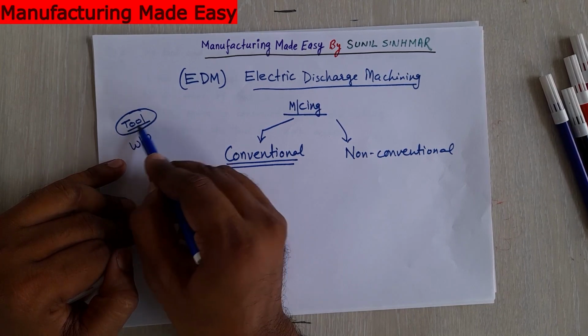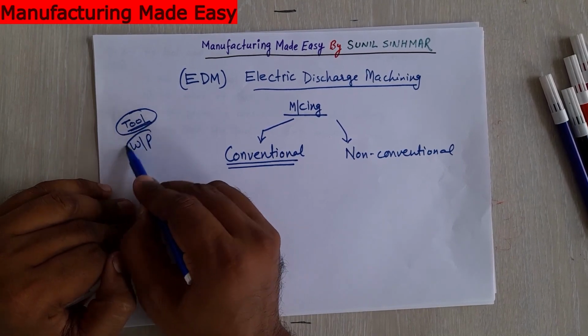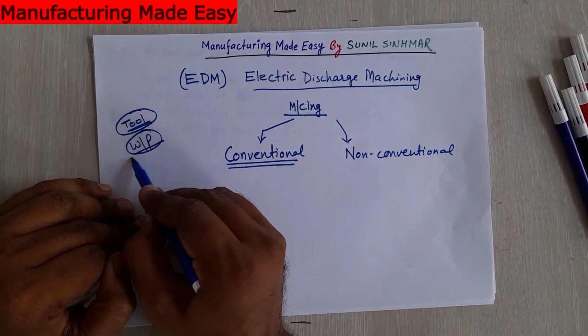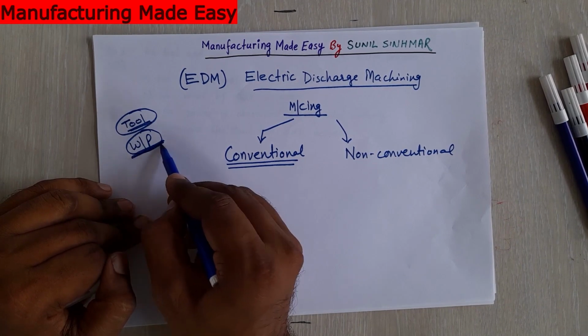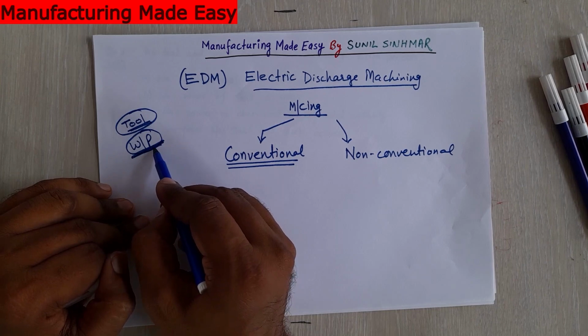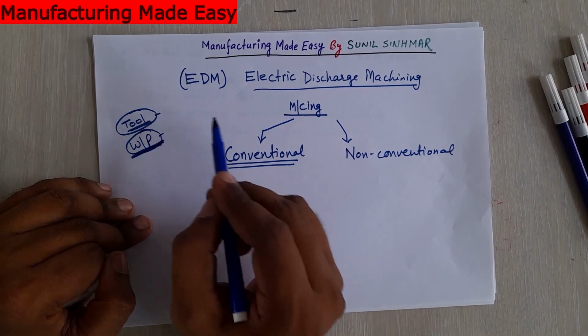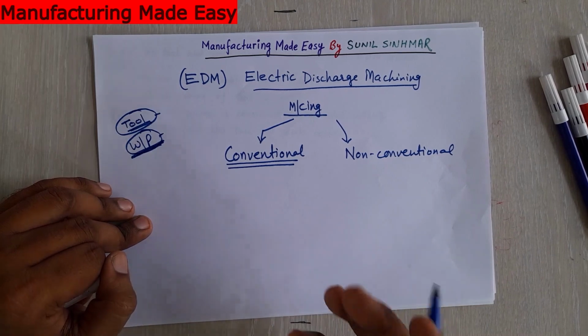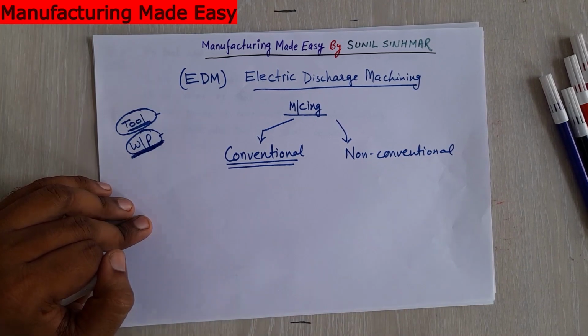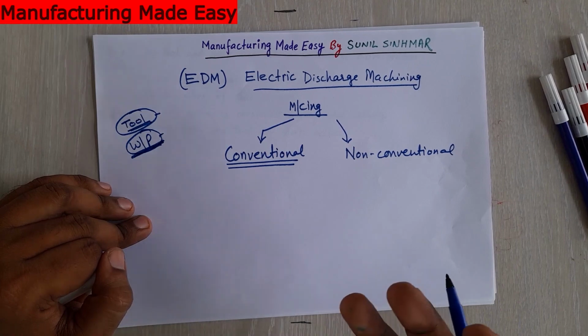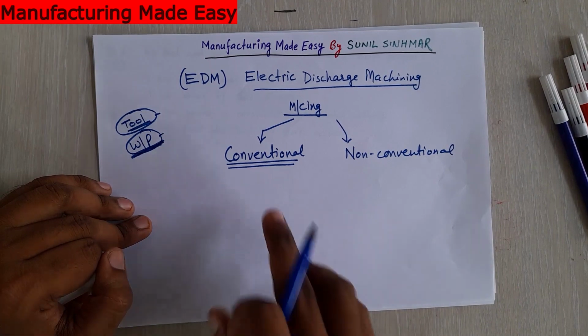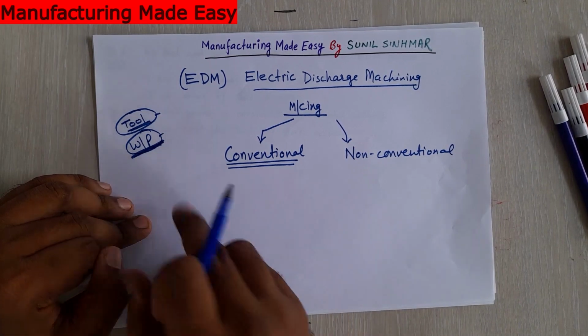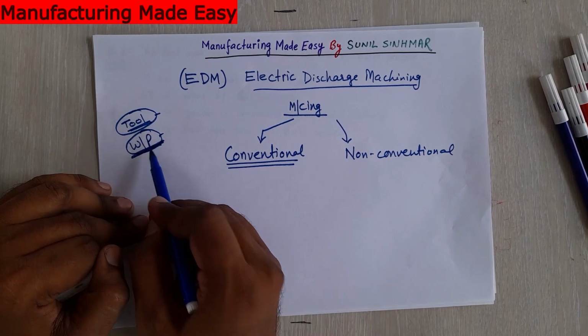The workpiece is the second part, from which we want to remove the material. So conventional machining is that type of machining process in which there is direct or mechanical contact between the tool and workpiece.